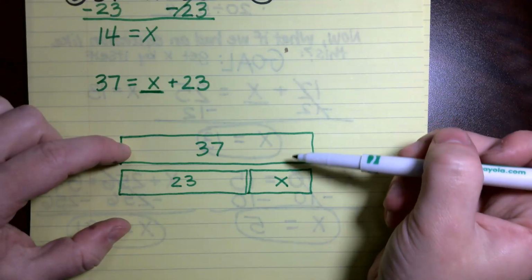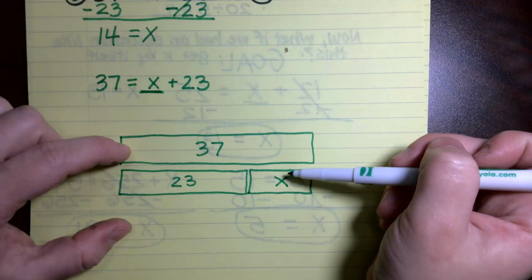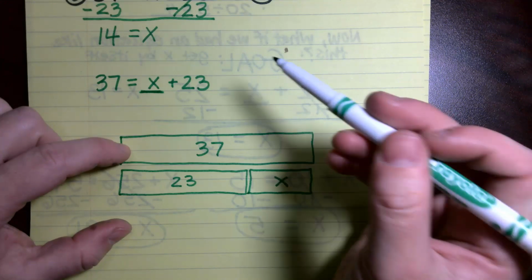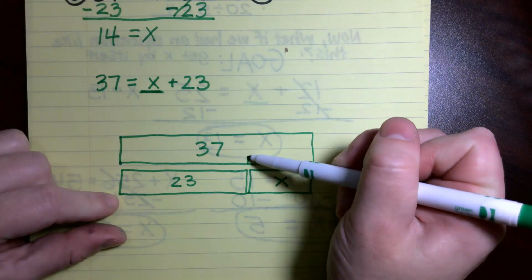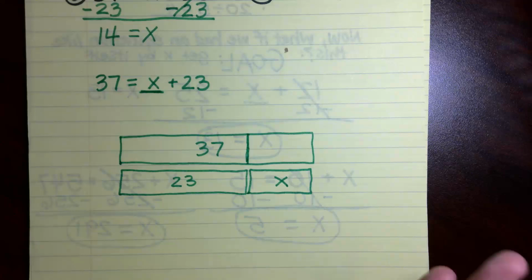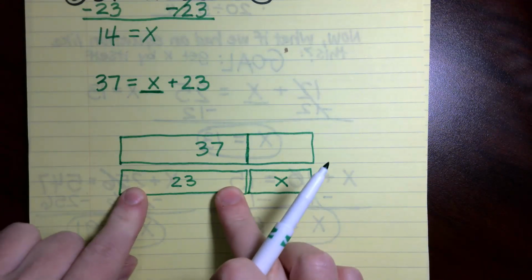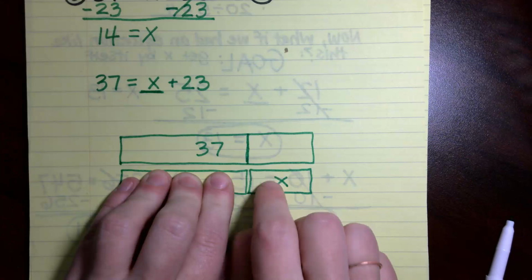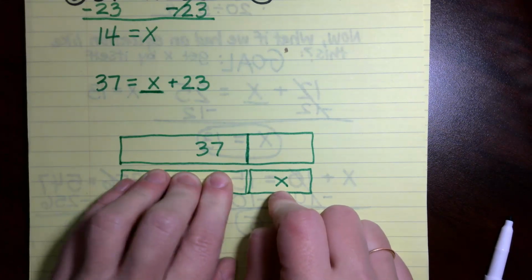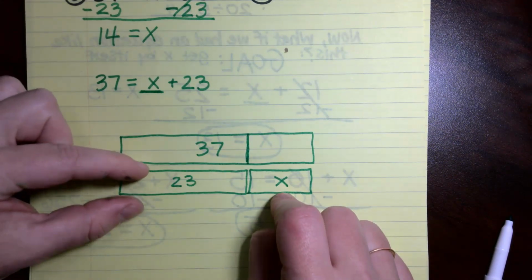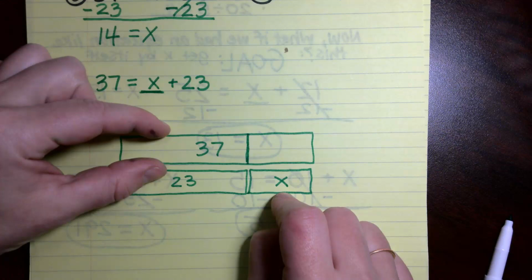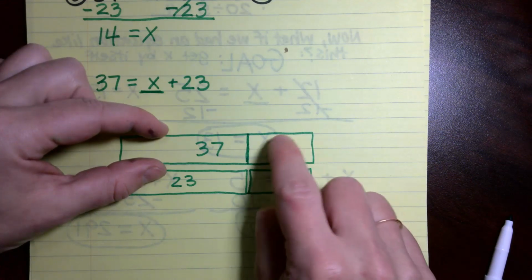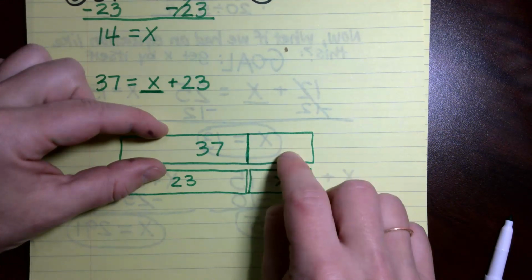So in order to find out how much x is going to be, we're going to know here that this 23, we don't need it anymore. We just need to figure out what this number is going to be. If I were to pick this up and put it on top of the 37, what I'm trying to see is how much is left over here that we still need.